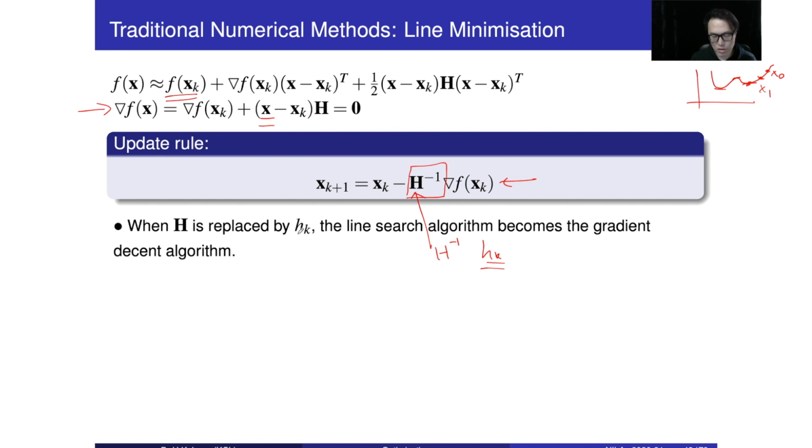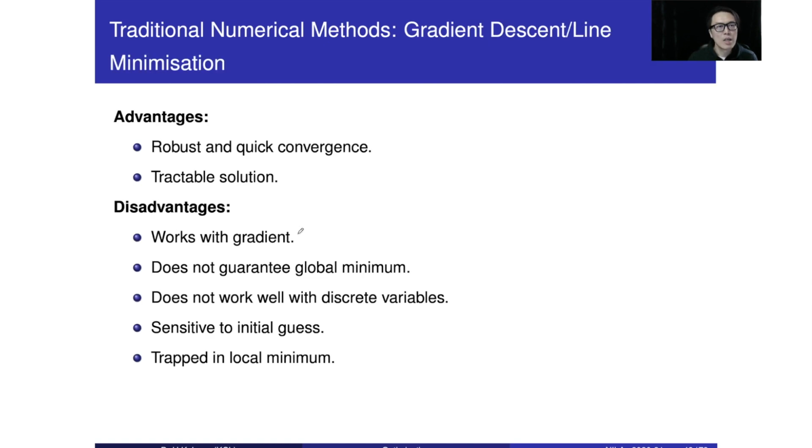Now just to summarize a little bit about the advantages and disadvantages of gradient descent and line minimization. Both of them are very robust with quick convergence, because we are looking for the local minimum, and being minimum seeking, every time we find a better solution.